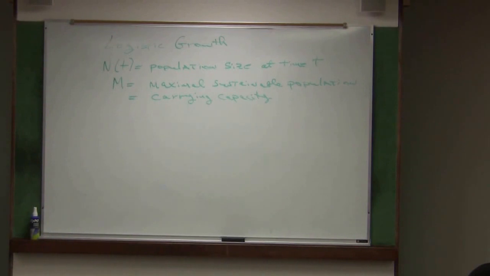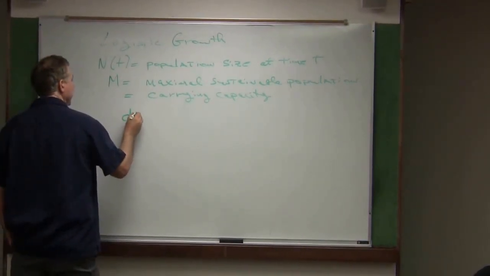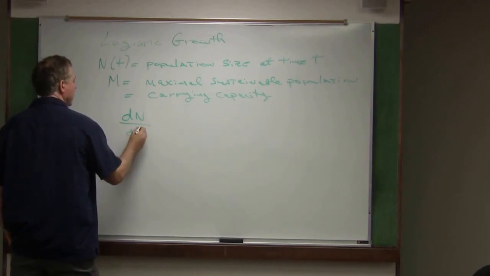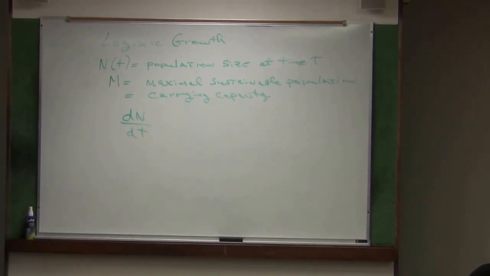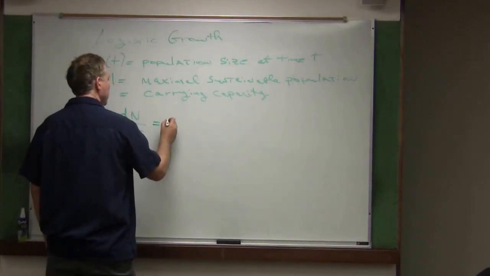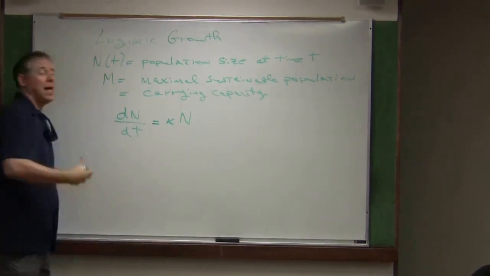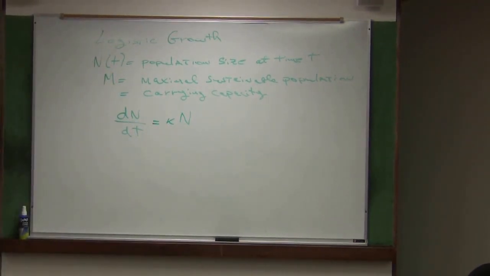We're going to say that dN/dt, the rate of change of the population with respect to time, is going to be proportional to how many animals are in that population, whether it's animals or fish or insects or whatever.